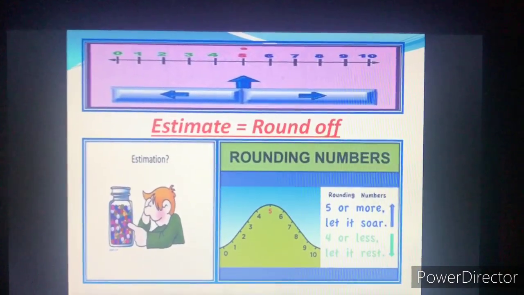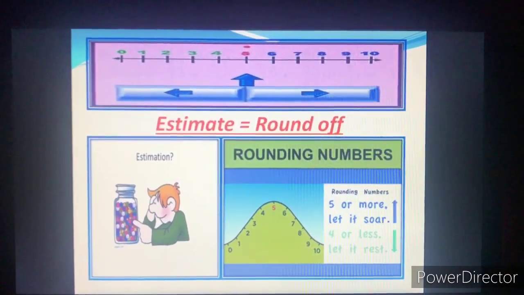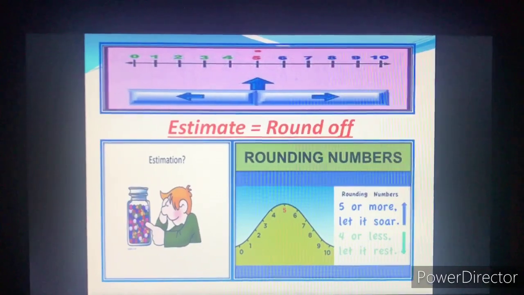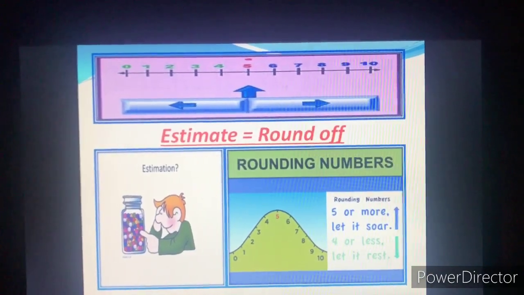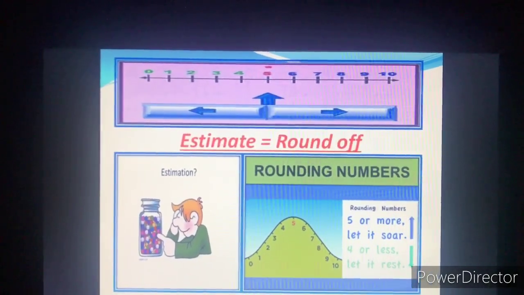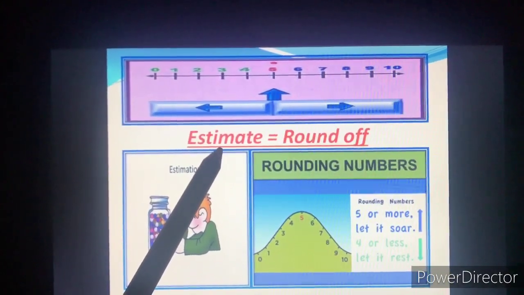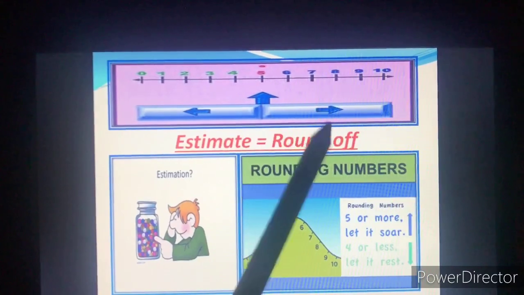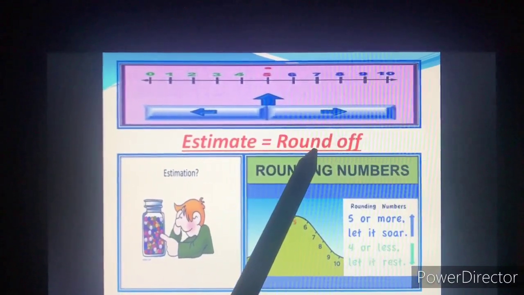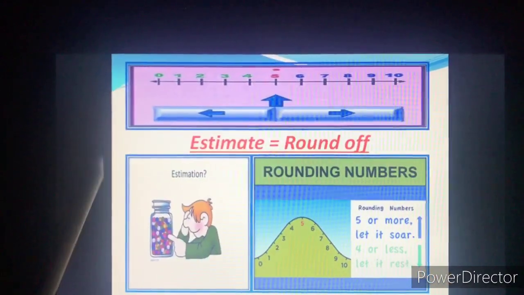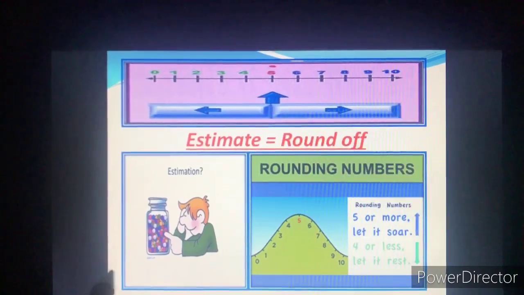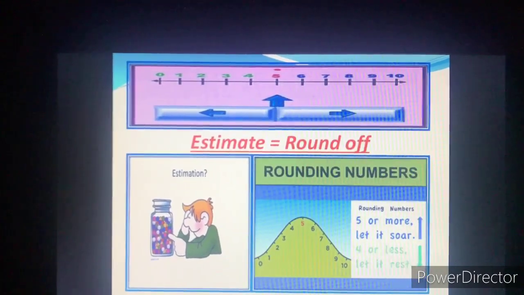So students, after ascending and descending, they are asking us to estimate. And as I told you many times, whenever the word estimate comes, means you have to round off. Yes, so we are going to solve a few questions which need round off.